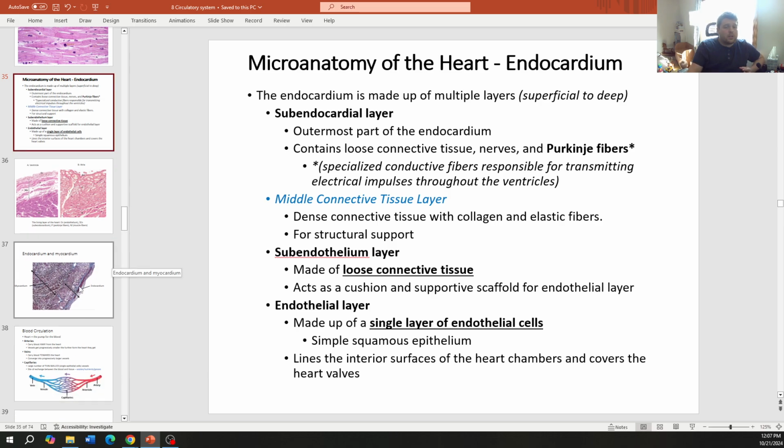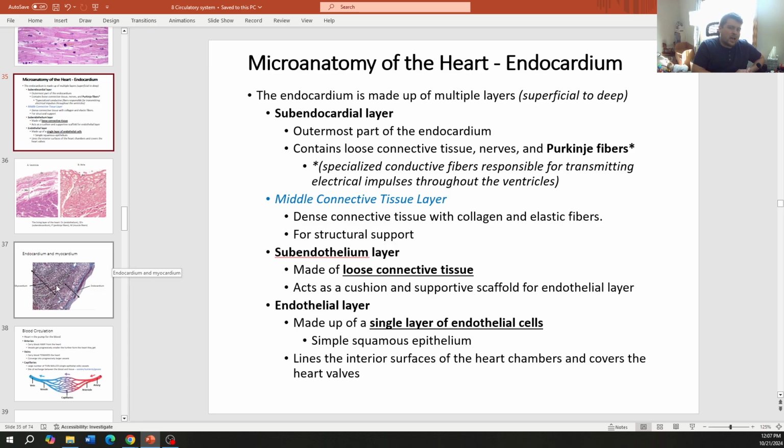Again, I'm going to throw in a little clinical tidbit here just so you start hearing some of these words. This is not going to be part of your tested material, but there's a condition called endocarditis. Endocarditis is inflammation of the endothelial layer.